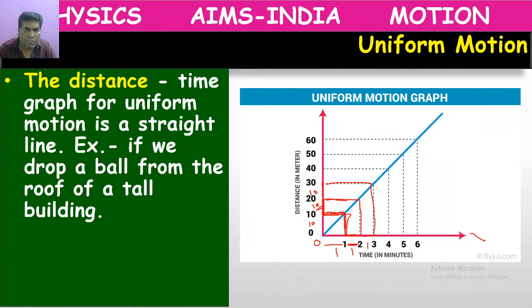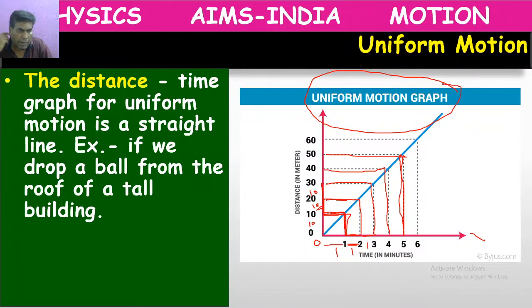So it has traveled from 20 to 30, 10 meters. Like this, if you take any point on this graph, what does it represent? In equal intervals of time, it is covering equal distances. So this graph is an example of uniform motion.